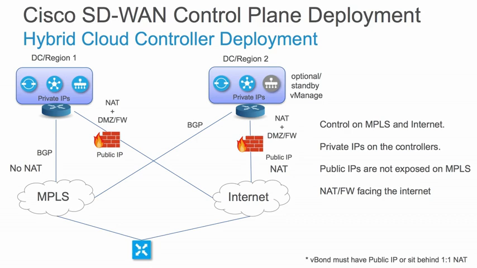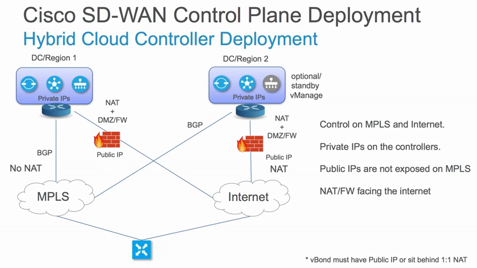The traffic for the Internet domain is routed through the DMZ security stack in the data centers. At the same time, the traffic is NATed to a public IP before leaving the data centers. As a result, the controllers are available on MPLS via the private addresses, but on the Internet they will be reachable via public addresses.